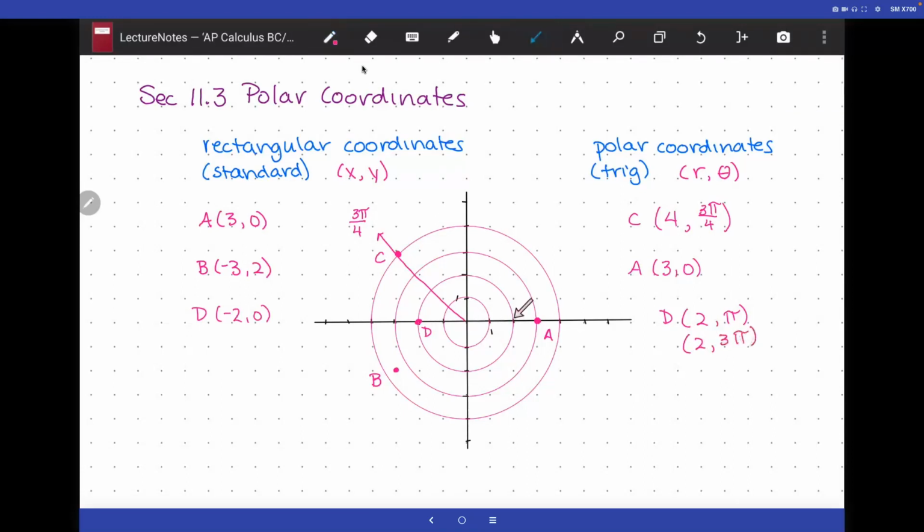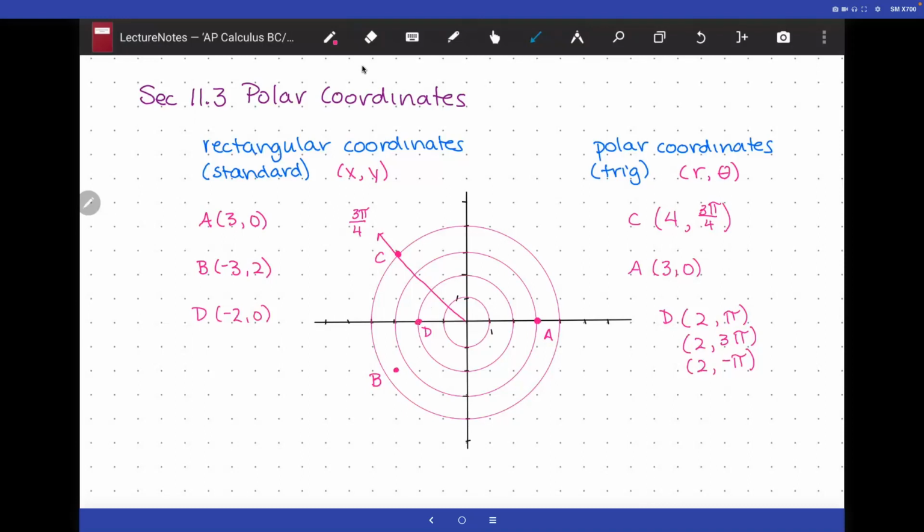So we go to the circle with radius 2, and now if I go around 3 pi units, 1 pi, 2 pi, 3 pi gets me back to the same place. So, yeah, we could do that. We could also go backwards. This one's not very interesting, but if I go clockwise instead, negative pi will still get me to the same place.